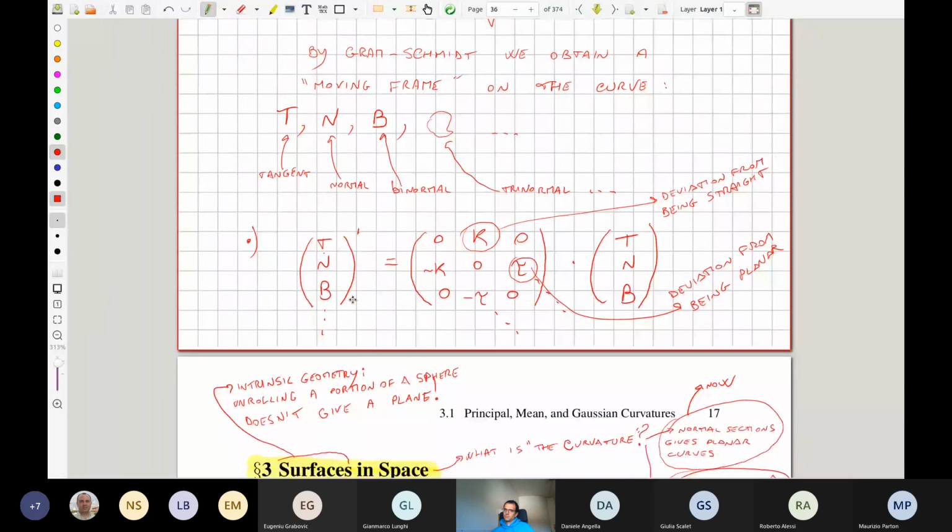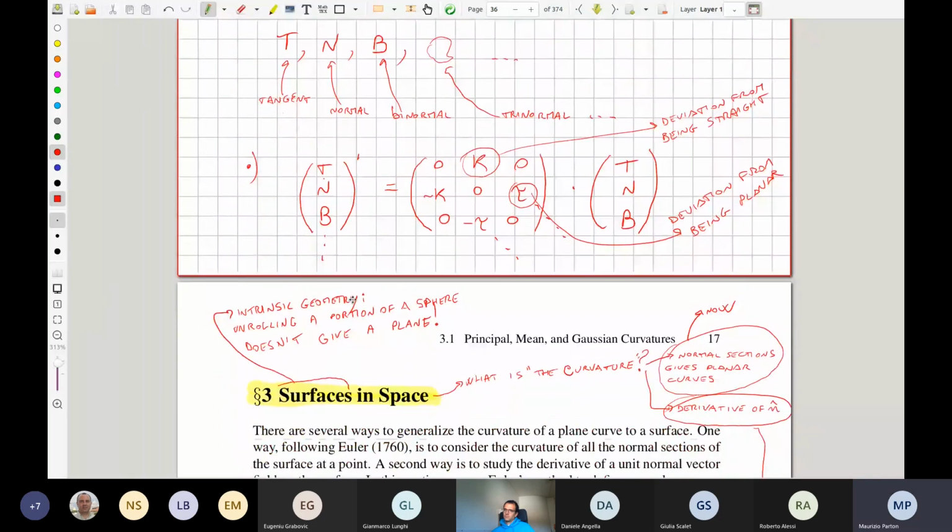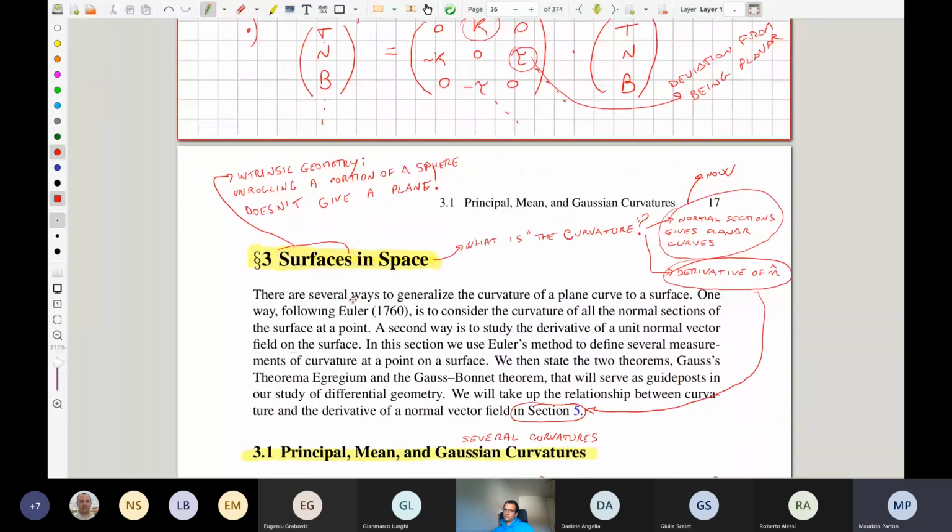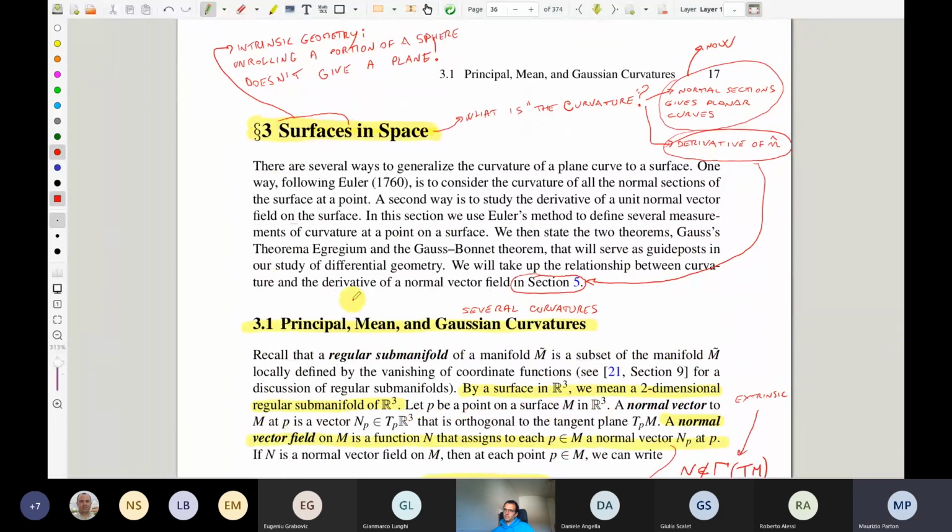Well, this is just to give a more general point of view, but now we can switch to surfaces in space. Now we have intrinsic geometry. What do I mean by that?